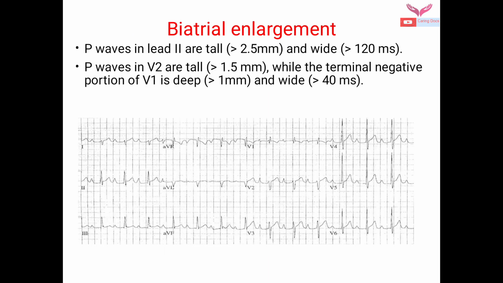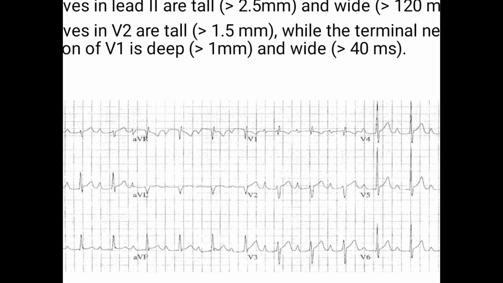In this ECG, the P wave in lead 2 is tall, more than 2.5 mm, and wide, more than 120 milliseconds. P waves in V2 are tall, more than 1.5 mm, while the terminal negative portion of V1 is deep, more than 1 mm, and wide, more than 40 milliseconds.